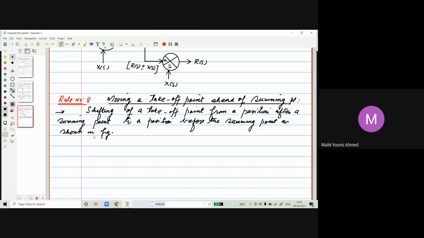This is an input signal. Then we have a summer. Then after the summer, we have as usual output.